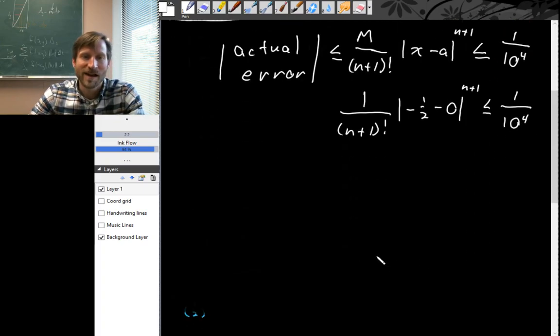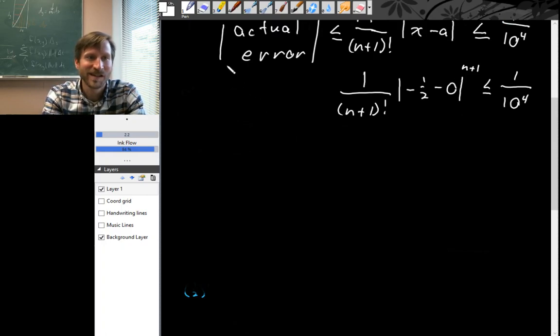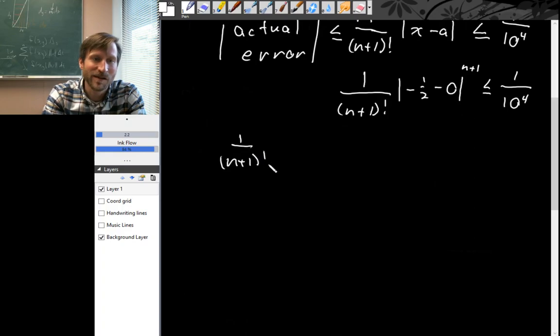So our inequality that we're solving is 1 over n plus 1 factorial, times 1/2 to the n plus 1, should be less than or equal to 1 over 10 to the 4th.